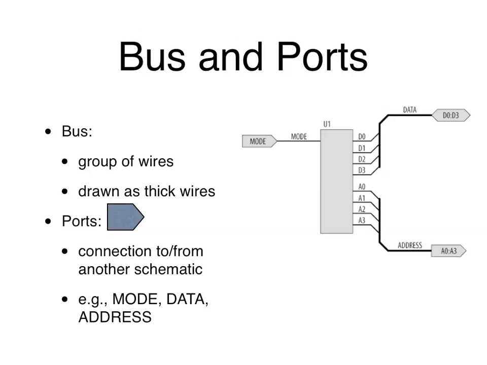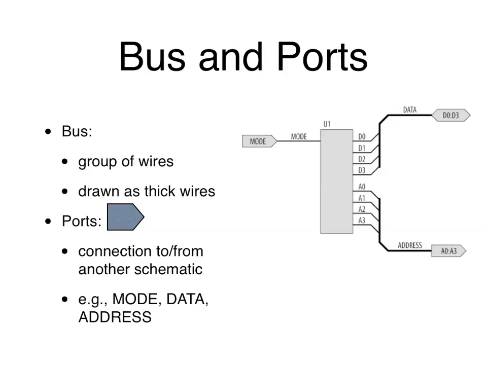A port is usually drawn with a rectangle like that, which allows you to connect from one part of a schematic to another part. Instead of having to draw everything, you just name these so they will associate by name.